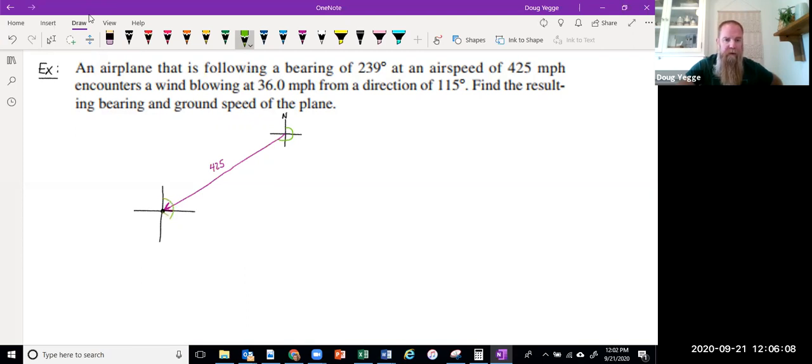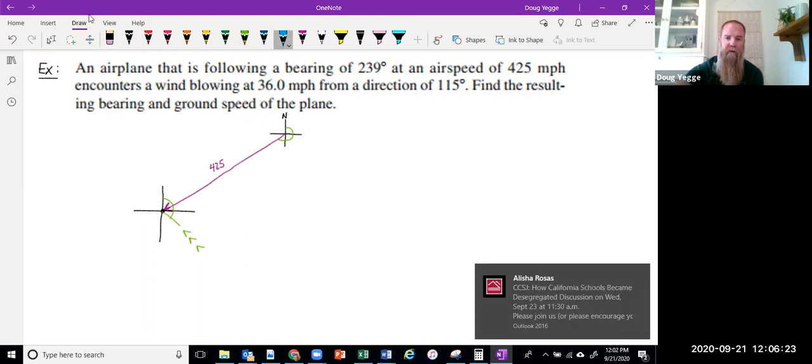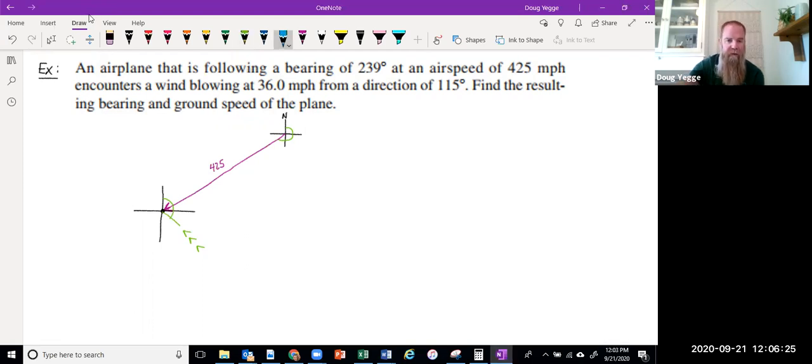So this right here is the angle of 115 degrees. But it's blowing from that direction. So it's blowing at 36 miles per hour from a direction of 115 degrees, which means that we have this vector pointing up in this direction. Now notice that that's going to be shorter, but just so that we can actually fill this all in, I'm going to call this 36 right here.